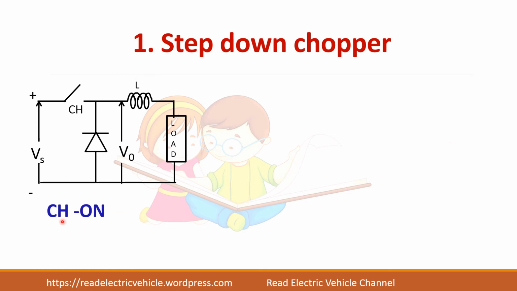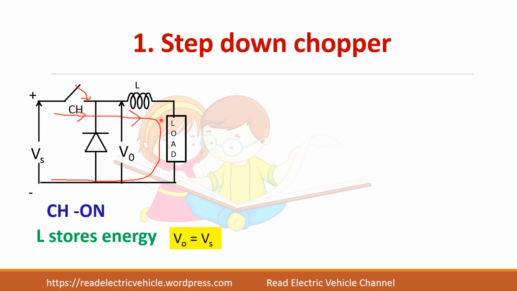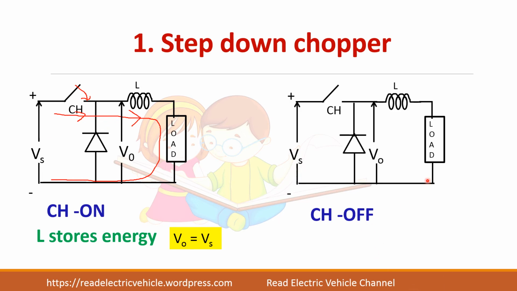So if you see this, when the switch is on, the current flows through the switch, inductance, load. Okay, so this is the circuit. The inductance stores the energy during this period and output voltage V0 is equal to Vs. And when the switch is off, you remove the switch, the inductor has some energy.